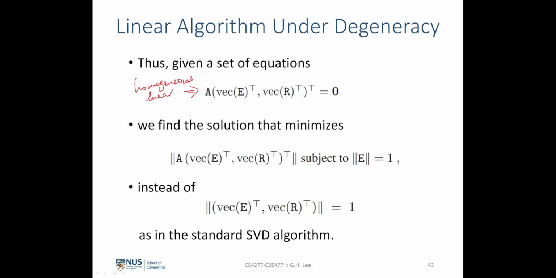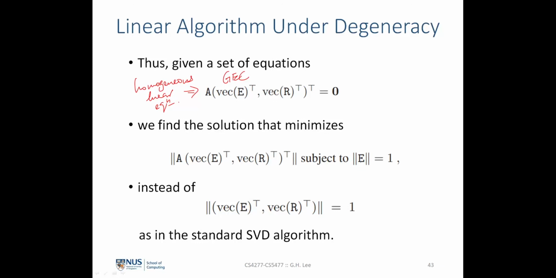So this is the general essential constraint that we have seen many times, and what we aim to achieve is to minimize this generalized epipolar constraint, subject to the norm of the essential matrix being equal to 1.